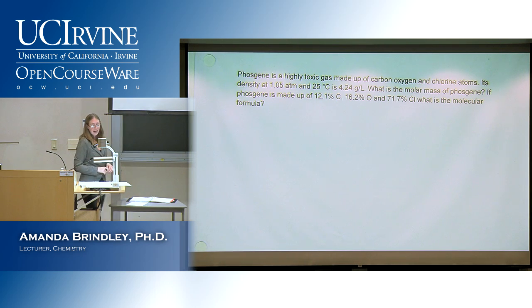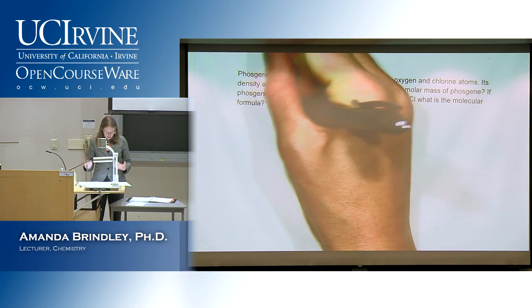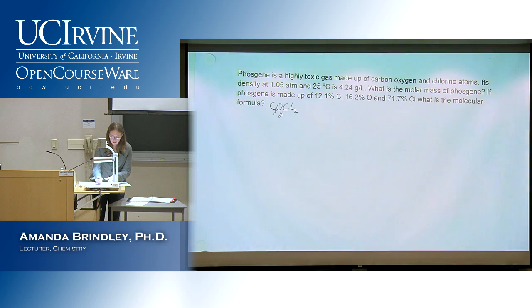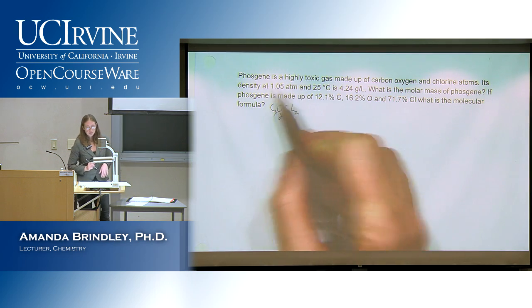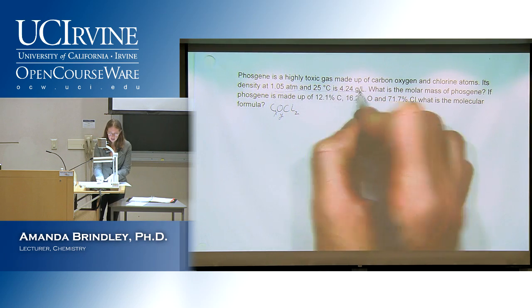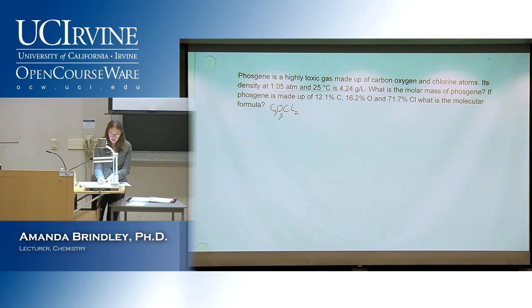It's a highly toxic gas made up of carbon, oxygen, and chlorine. So we know that it's going to be some form of COCl with something down here. Now, I tell you the density at this. What is the molar mass of phosgene?